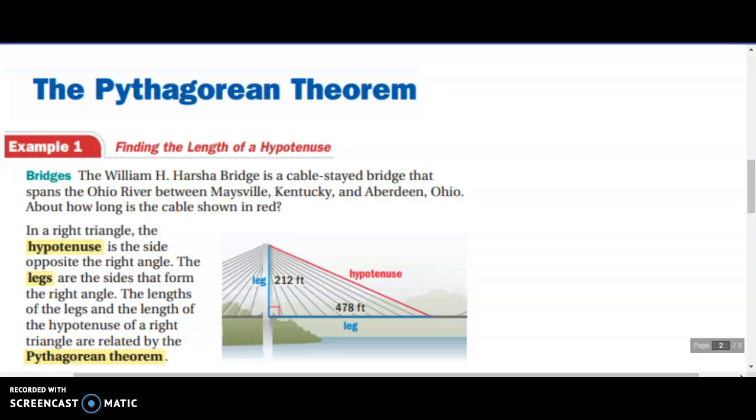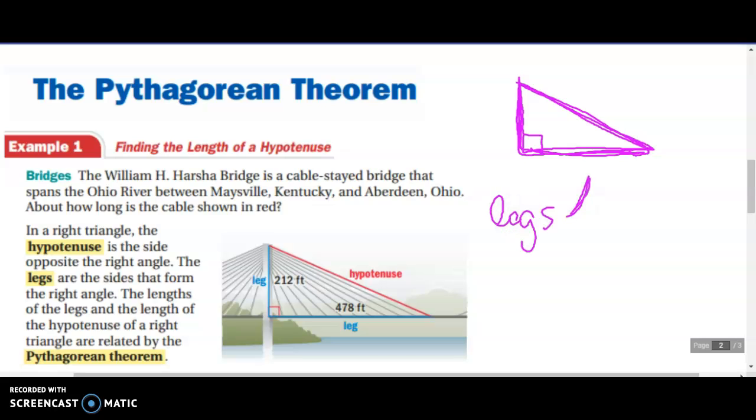Okay, the first thing I want you to understand when you're taking notes is that a right triangle has 3 parts. The 2 sides that form the right angle are called the legs.